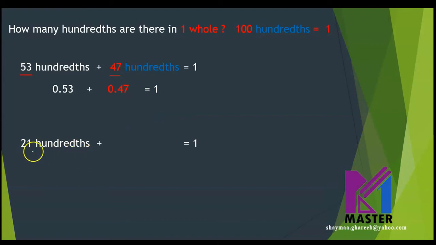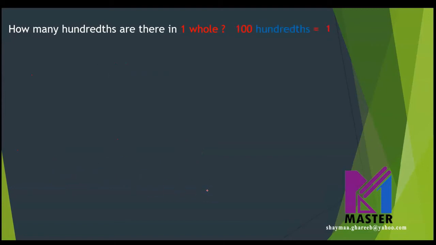If I have 21 hundredths, I need 79 more hundredths to complete it to 100 hundredths, which is 1 whole. As a decimal, it will be 0.21 plus 0.79. 94 hundredths plus what gives 1?